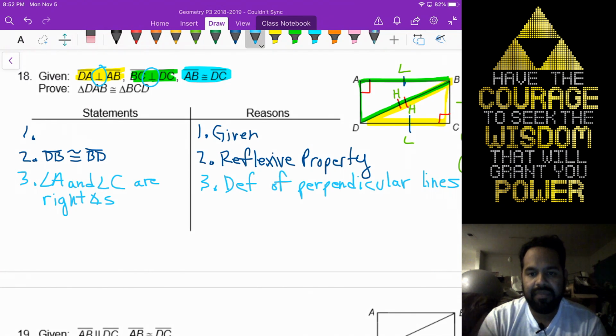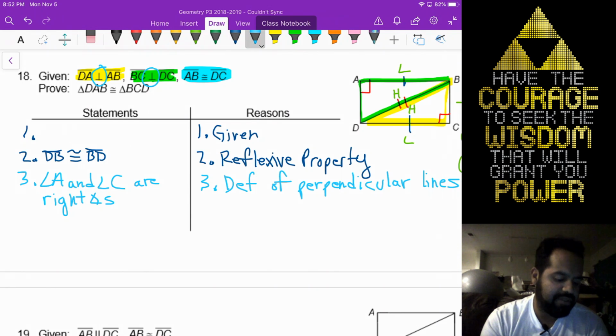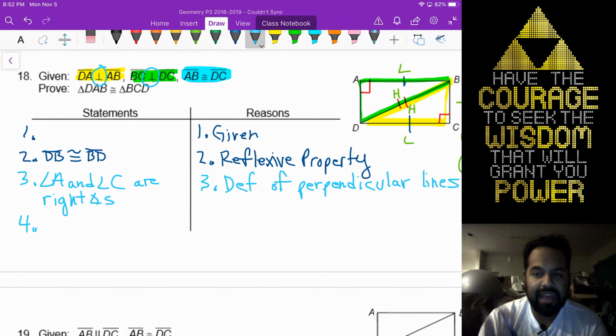Okay. Now that we've established we have perpendicular lines, now we can say that the triangles are right triangles. You can write the letters of your triangles in any order as long as the order of the markings match up. Just look at your proof. This one is literally telling you the triangle order.